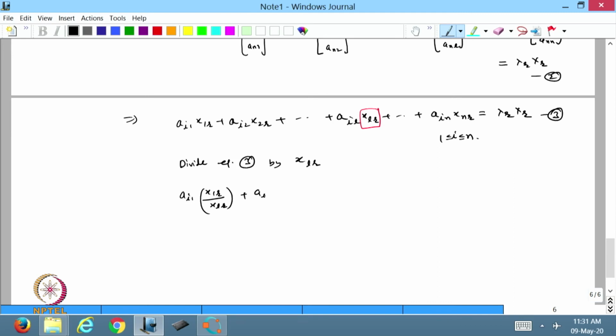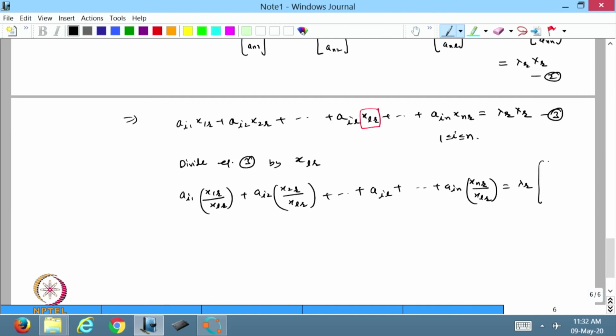plus a_I2 x_2^r over x_L^r plus a_IL, only I will get a_IL, and in the end I will get a_In x_n^r divided by x_L^r, and from here I will get lambda r, and this is I am dividing by whole.